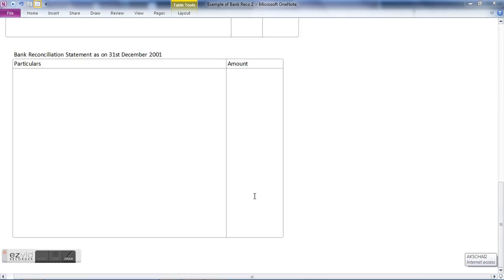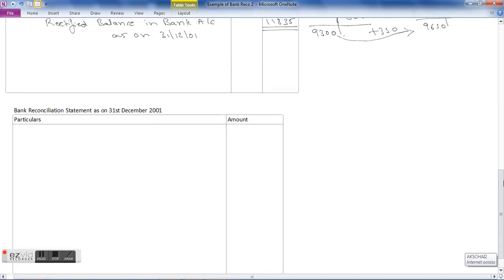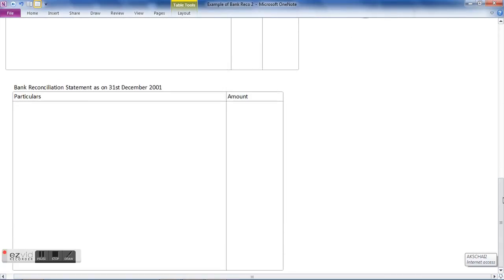Now this is the format of the bank reconciliation statement as on 31st December 2001. Since we are only given the balance as per cash book, which we have rectified, we will be taking that balance. So rectified balance in bank account. I'll put it as balance as per bank account.